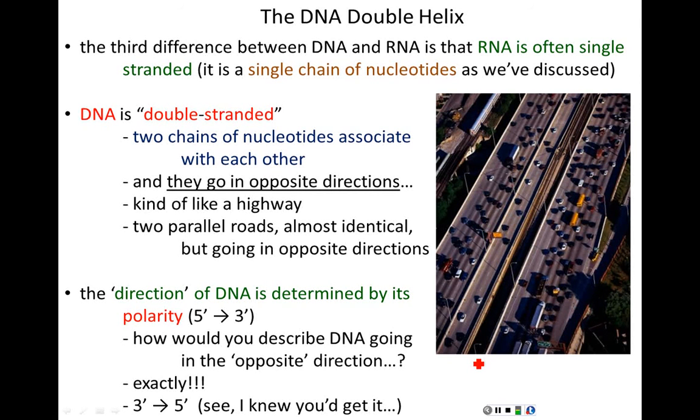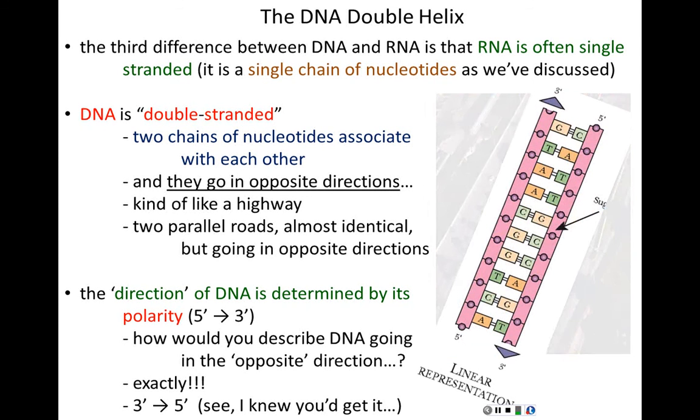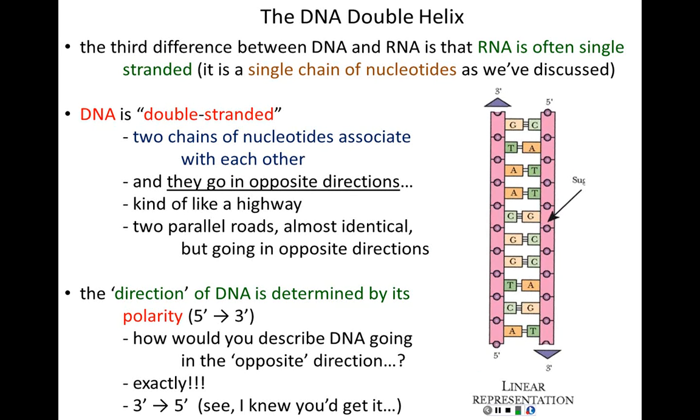That's why I put exactly on my slide. So for double-stranded DNA molecules, one strand is going 5' to 3' in one direction, the other strand goes 3' to 5' in the opposite direction. We use the term antiparallel to describe this. Antiparallel, shown on this diagram. The right strand is going 5' to 3' top to bottom. The left strand is going 5' to 3' bottom to top.